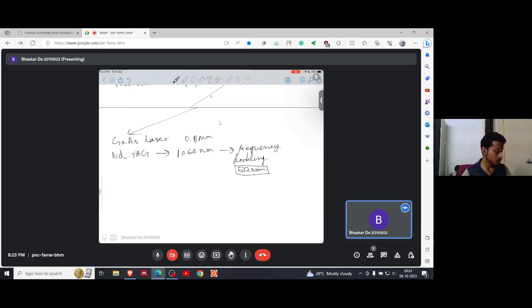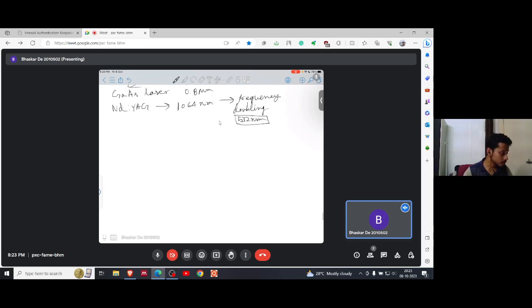So the cavity element of the diode pumped frequency doubled Nd:YAG laser is like this.